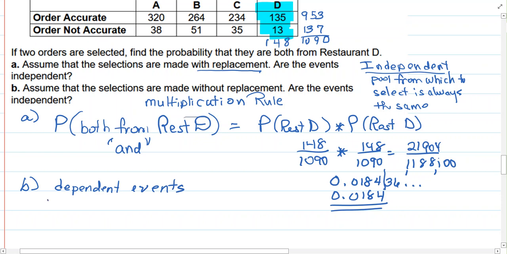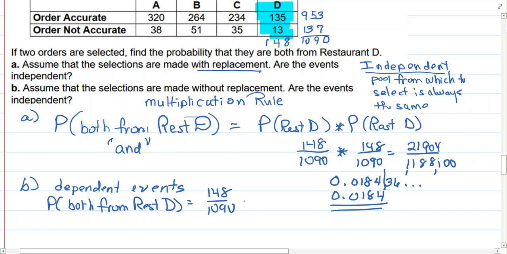So we're still looking at the probability of both from restaurant D. On our first draw, we assume we have the 148 out of the 1090.